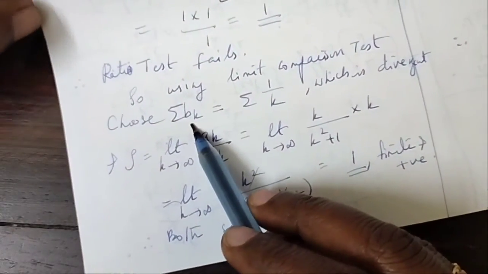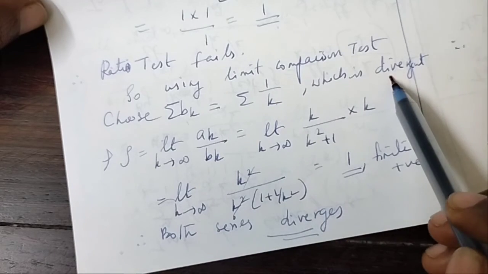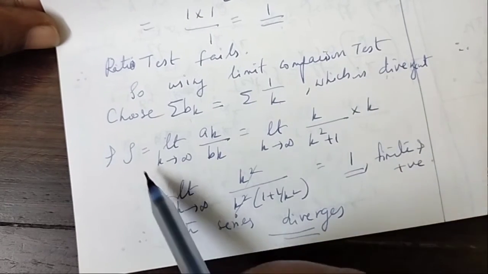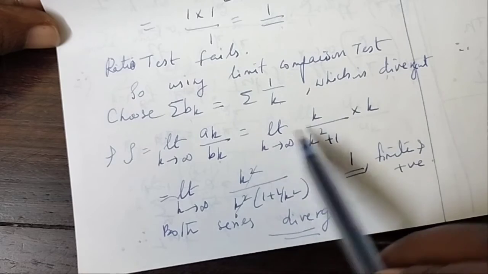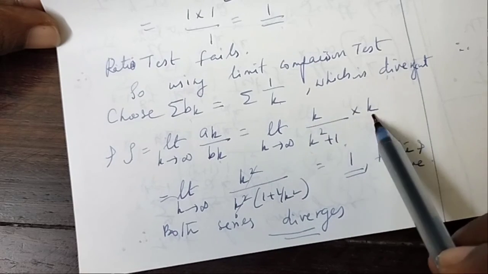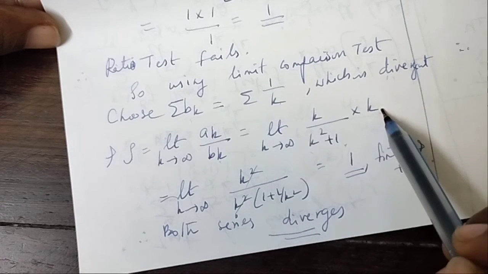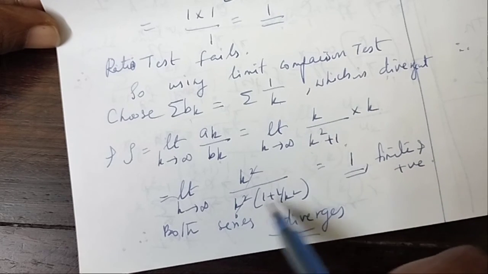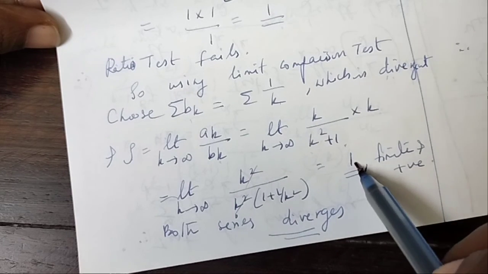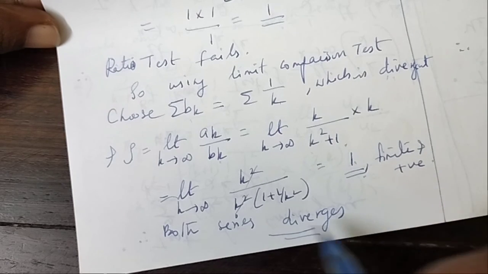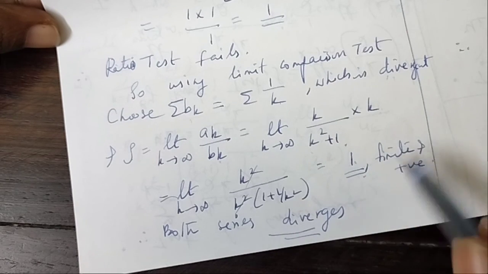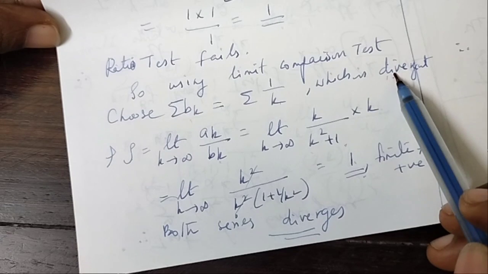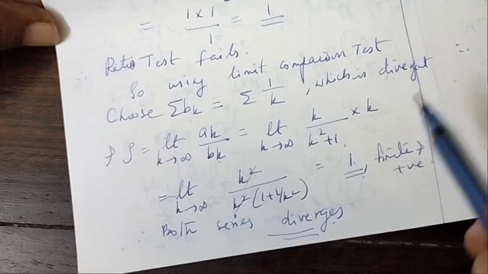So we choose the series sigma bk as sigma 1 by k, which is a divergent series, the harmonic series. And limit ak by bk is k by k square plus 1 into k divided by 1, taking k square outside from the denominator. So it is 1. If it is a finite positive number, both the series converge or both diverge. Here we know that it is divergent, so the given series also diverges.